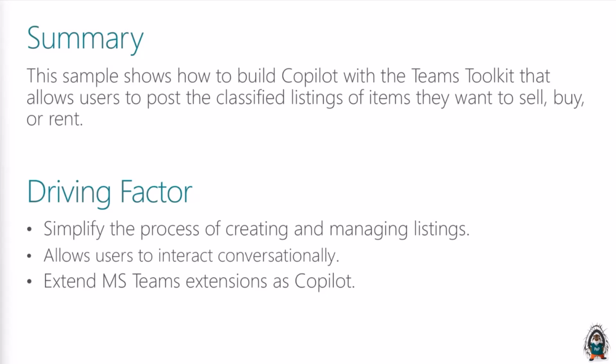It saves time by allowing transactions to happen within the work environment without needing to use outside platforms. For example, employees searching for items can quickly find what they need through an inbuilt search powered by Copilot, which filters and sorts the listings based on their preferences.